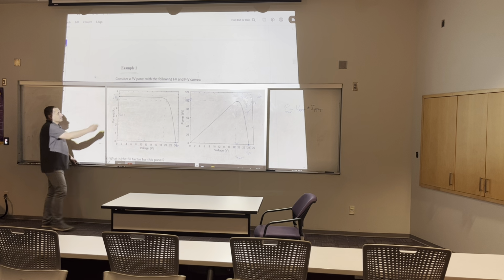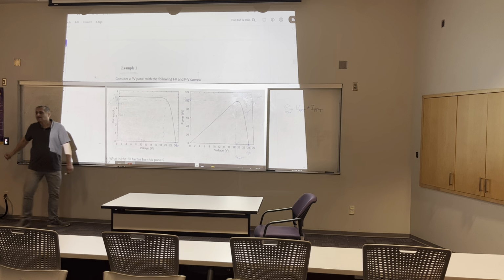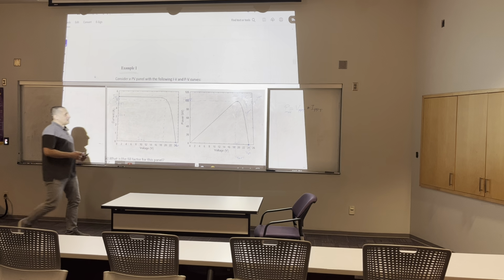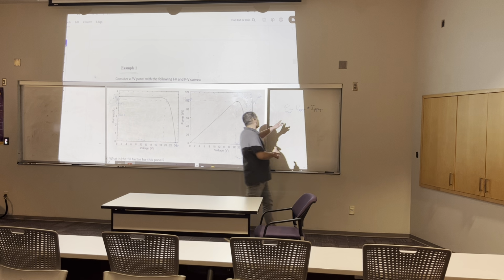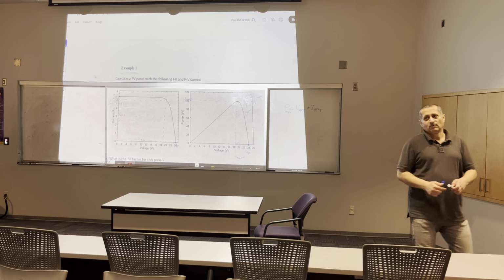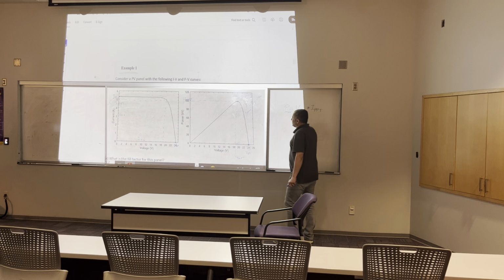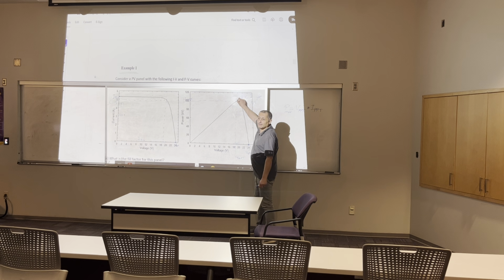So this current, I at PPT. Okay, that's it. Again, see, P max equals VPPT times IPPT. VPPT at max power.